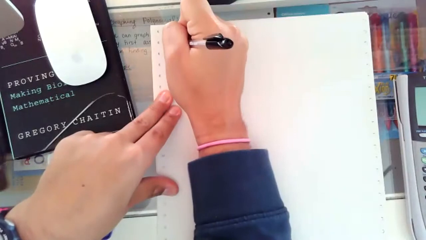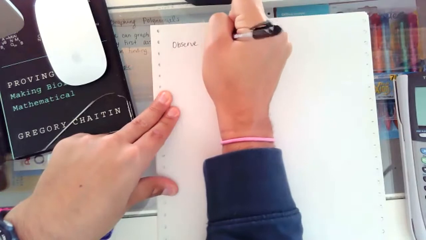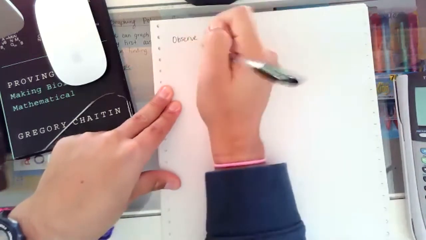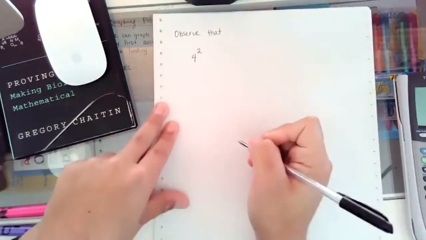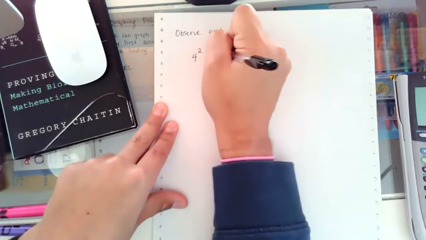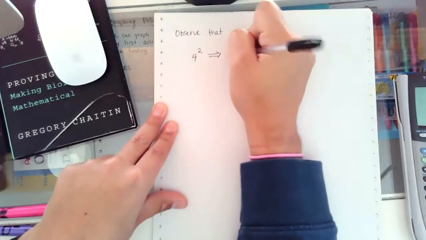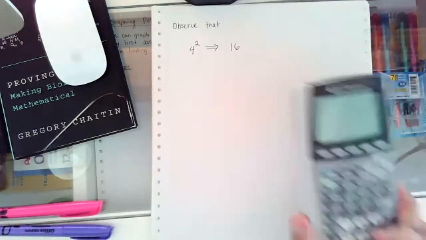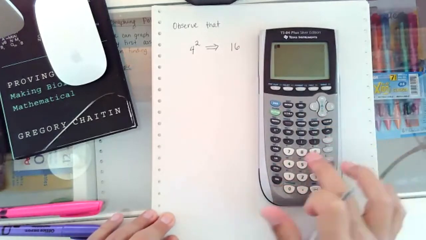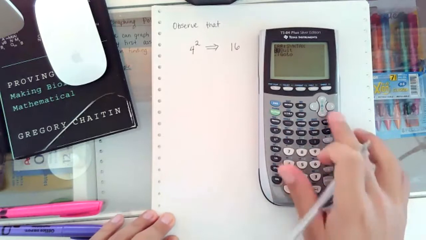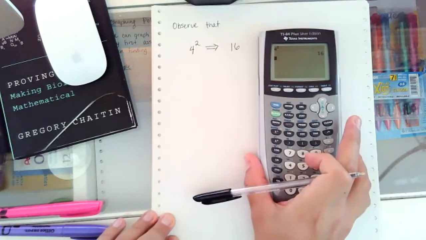Observe that if I had, for instance, 4 raised to the second power, that would give me 16. 4 times 4, right? 4 raised to the second power is 16.